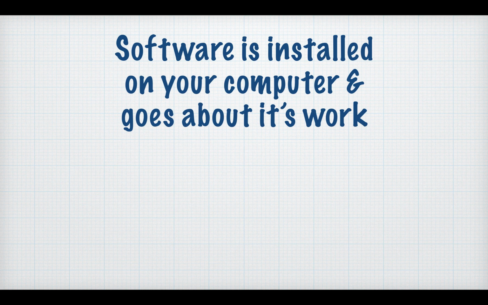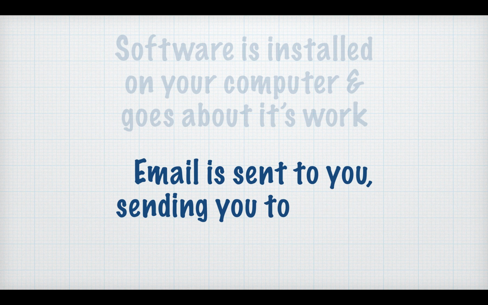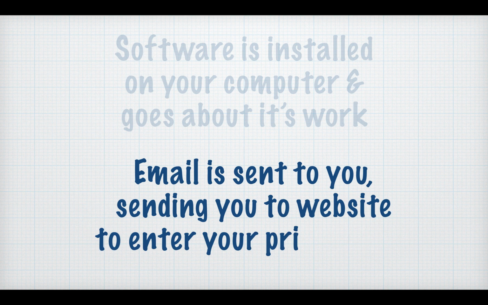This next slide isn't really about malware on purpose, but it's something that a hacker would use. A hacker would essentially send us something. It usually comes in the form of an email. And that email sends us to a website to enter private information. Now, that email may be something related to a collection agency.